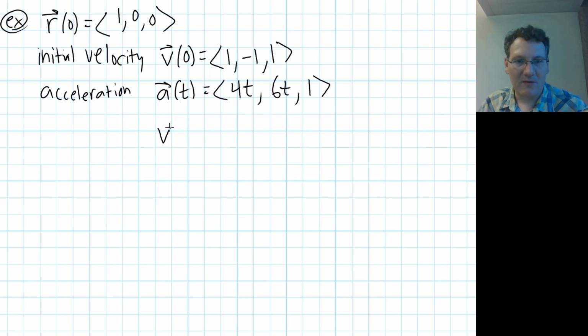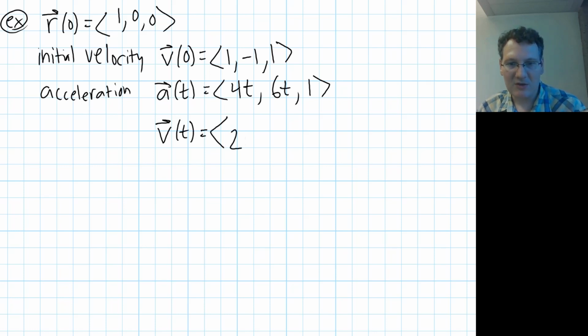So v of t is going to be, integrating the three terms, 2t squared plus, I'll call it c1, comma, then 3t squared plus c2, comma, and then t plus c3.